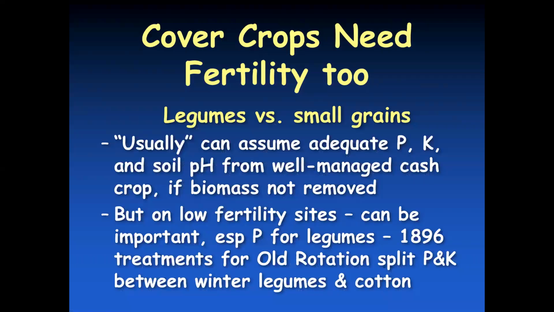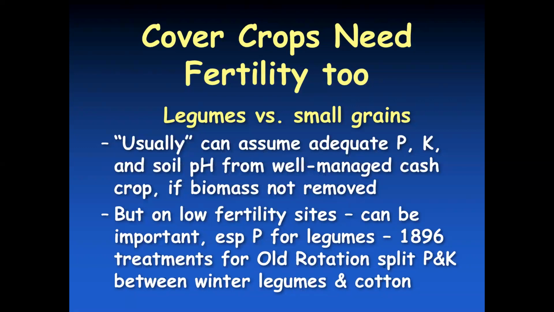Cover crops do need fertility also, just like a cash crop. There's some differences between legumes and small grains. Usually we can assume that there's adequate P and K and soil pH already there from a well-managed cash crop, unless a lot of biomass has been removed, in which case you may be removing a lot of potassium in particular, but also phosphorus sometimes in that cash crop, something like this corn silage crop.